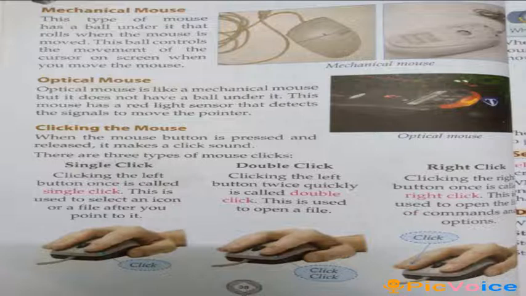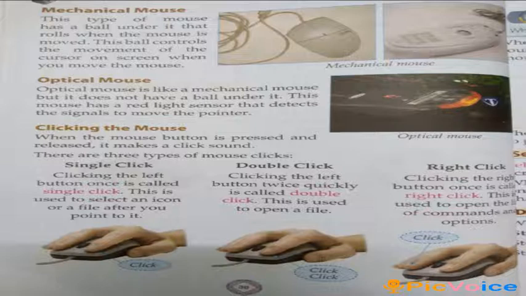Mechanical mouse. This type of mouse has a ball under it that rolls when the mouse is moved. This ball controls the movements of the cursor on the computer screen.